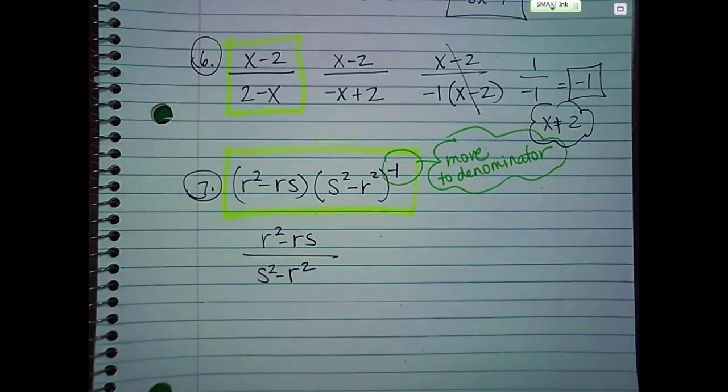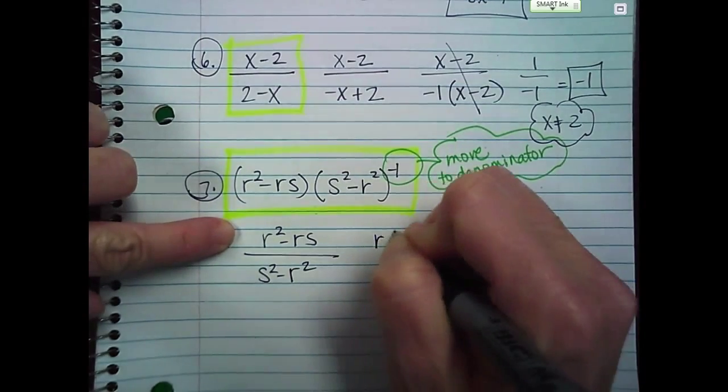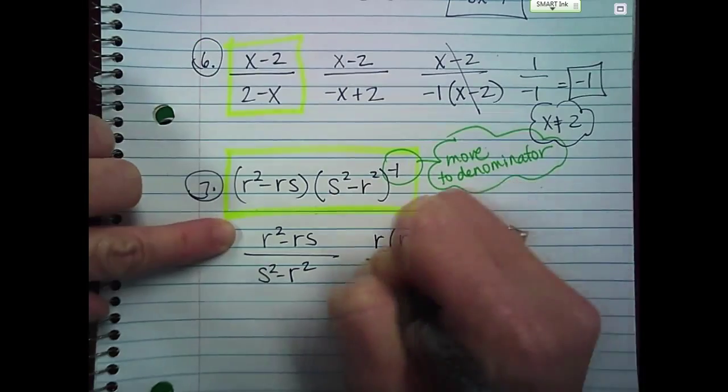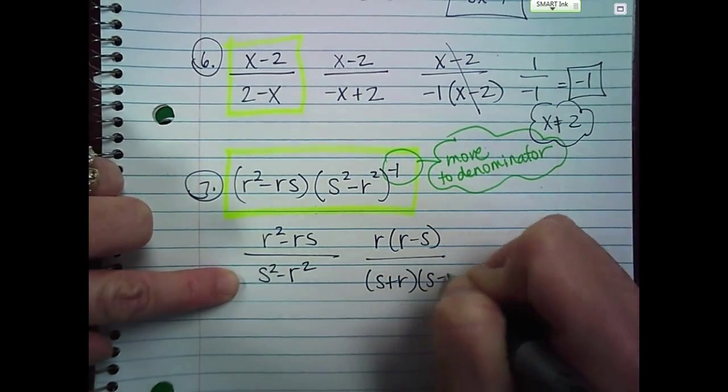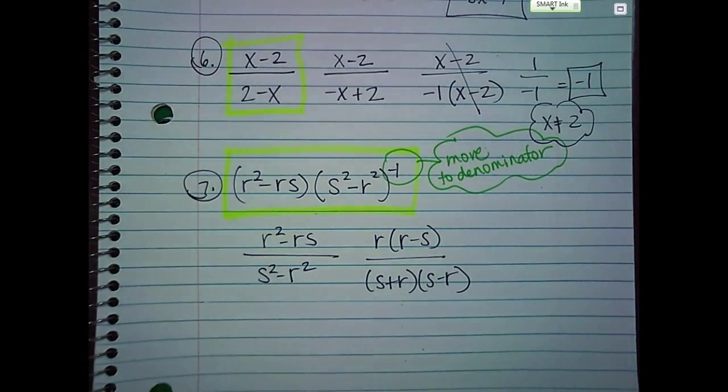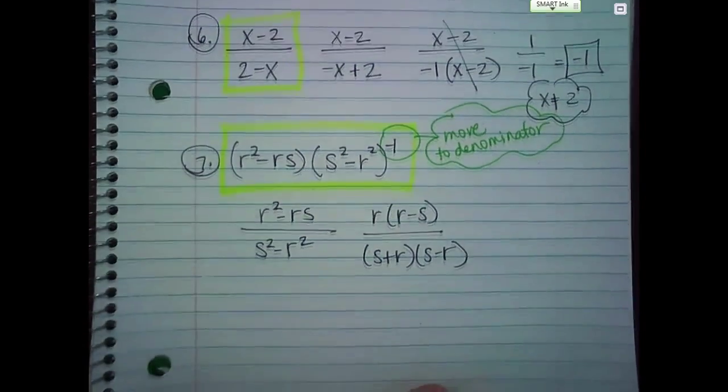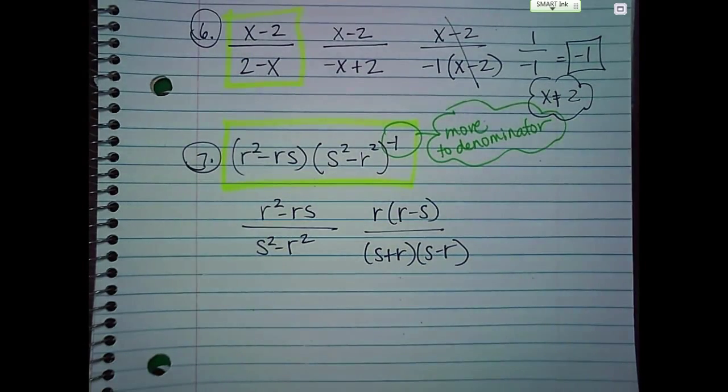Now factor. You can take an r out of the top, giving you r minus s. And in the bottom, it's a difference of perfect squares. I'm going to give you a second to try to see what cancels. It's going to be a little bit similar to number 6.